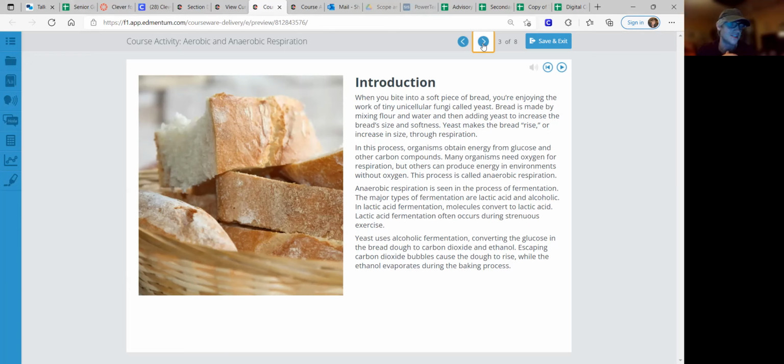That's not what's occurring. It's part of the process. And by the time the bread is ready, the CO2, the carbon dioxide bubbles, cause the bread to rise. And then all that ethanol has disappeared. It's evaporated into another form and is no longer in the bread.